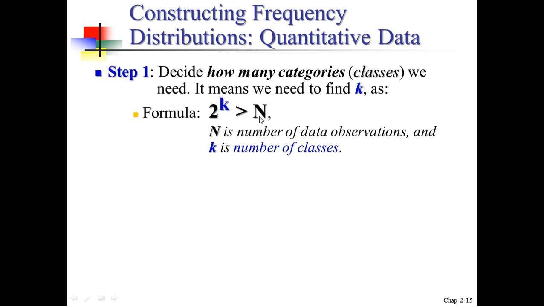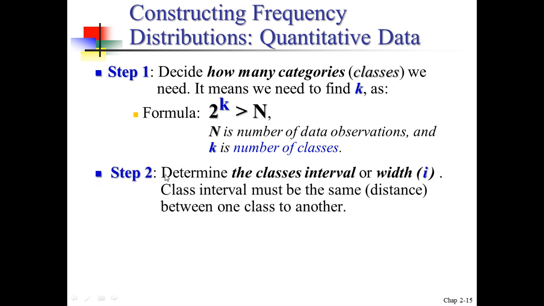In short, step 1, we need to decide how many categories or how many classes are in our table. To decide how many classes, which we label K, we need to follow this formula. Step 2, determine the class interval or class width that we call I. I stands for interval.